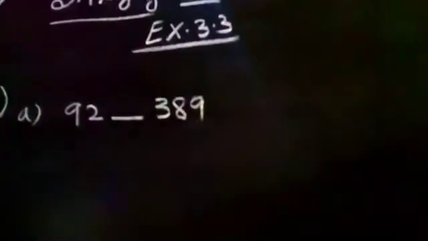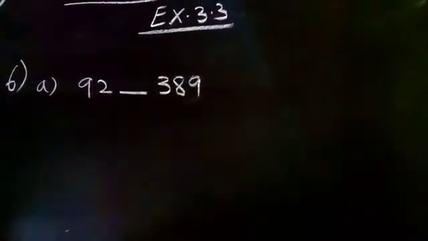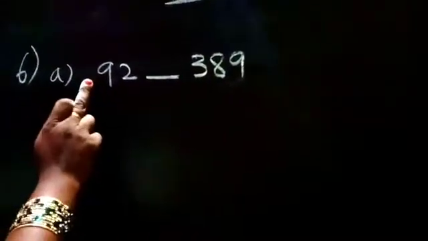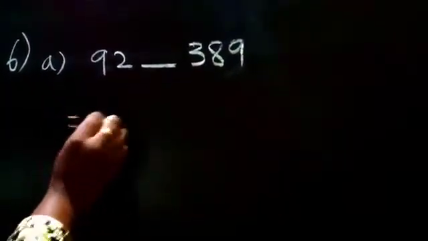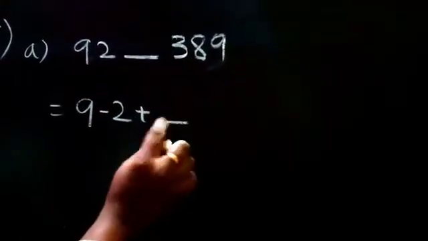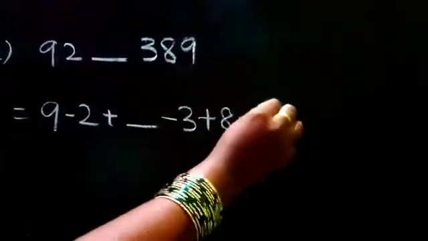First question, 92 dash 389 they have given. The rule is, first number is plus, next number is minus, like that we have to write. Then plus some number we have to write, then minus 3, plus 8, minus 9.